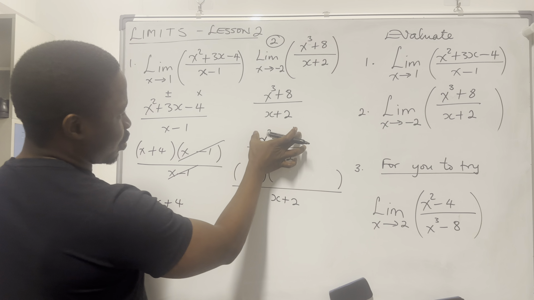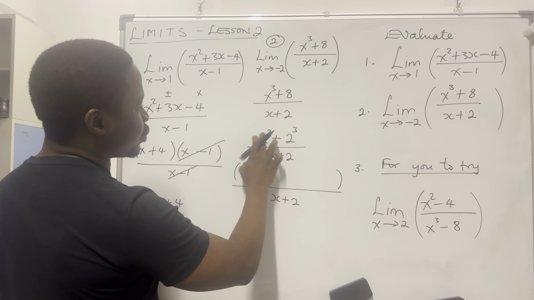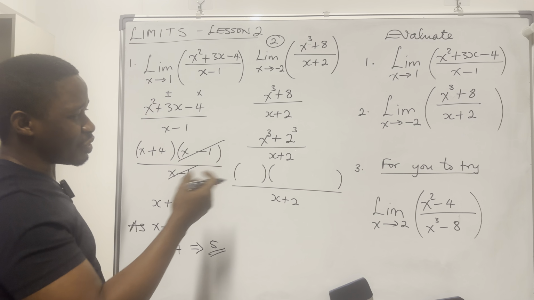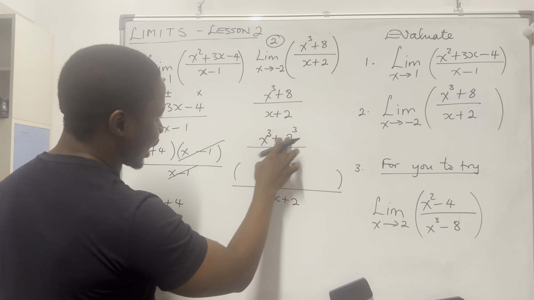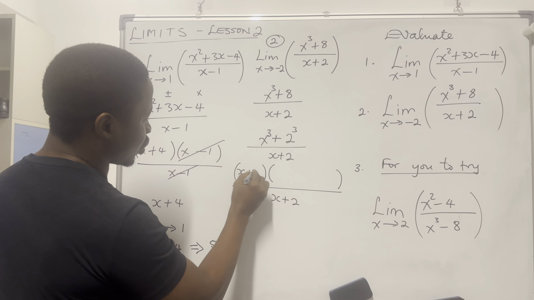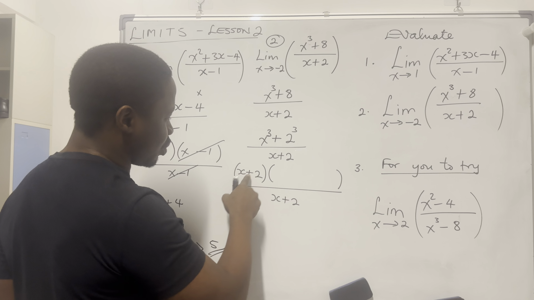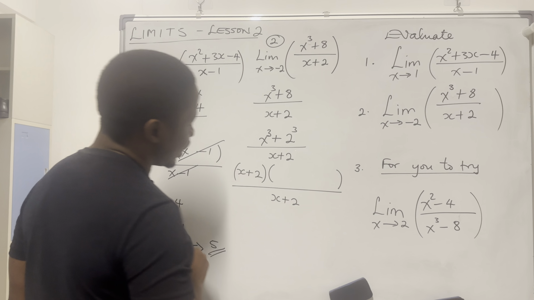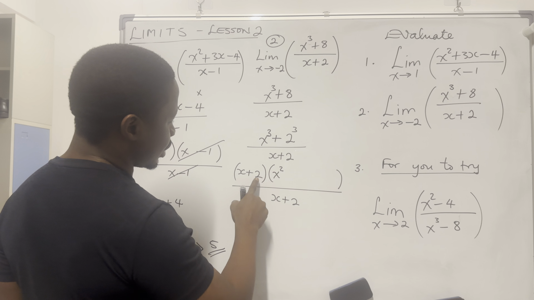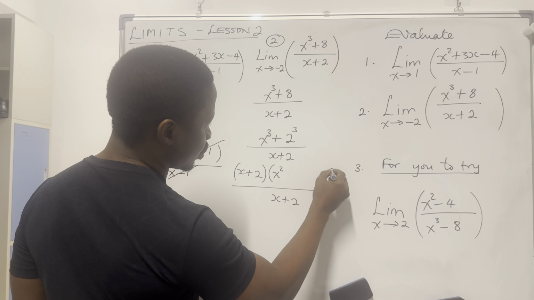Now, we want to factorize this sum of two cubes, sometimes the difference of two cubes. So what we do is, let us write what we have at the bottom, the base, x plus 2. The same sign we have here. Now, this x squared, this 2 squared.